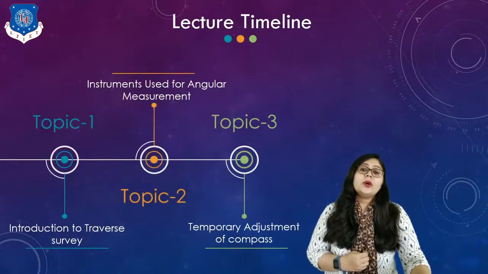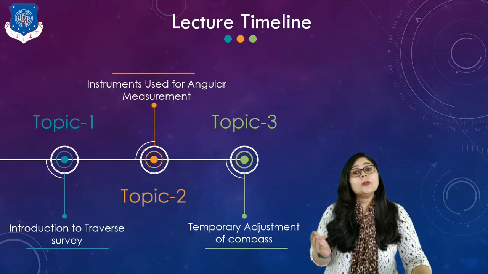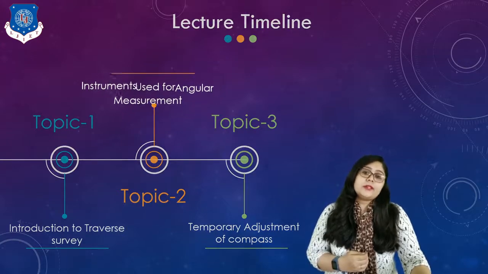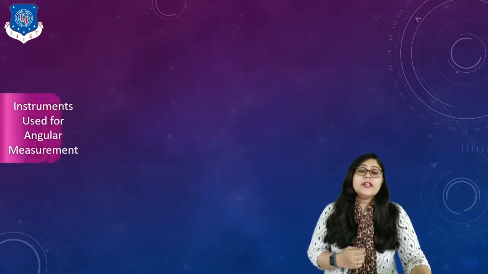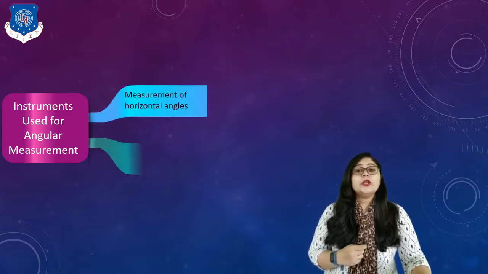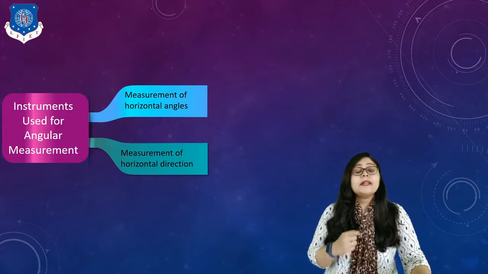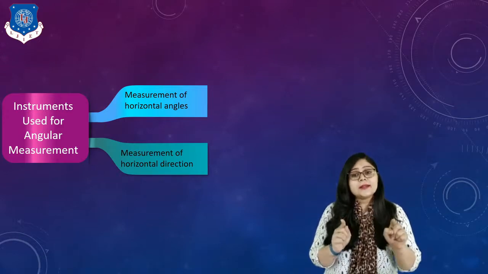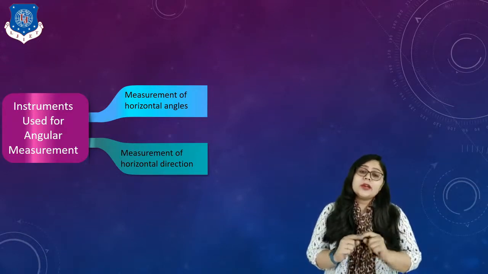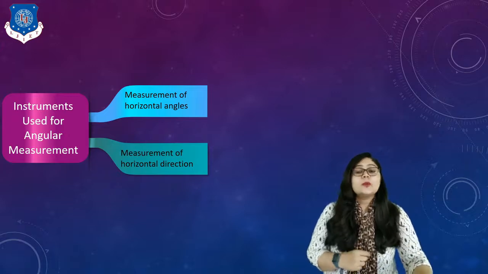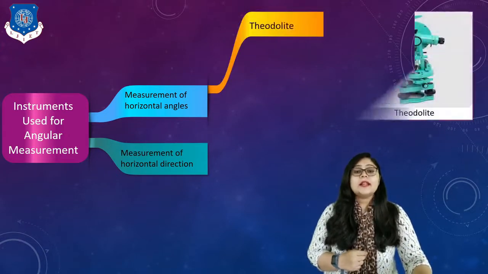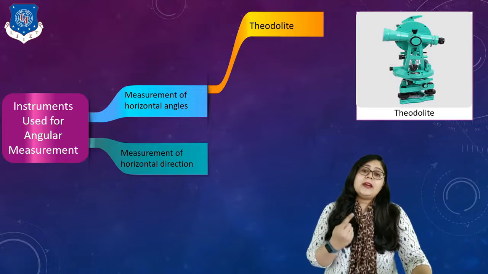Now, let's move to our second topic, which is instruments used for angular measurement. Basically, various instruments are used, but they are classified into two types: first, measurement of horizontal angles, and second, measurement of horizontal directions, right? Based on the angle, the first type is the theodolite, that you can see on screen.